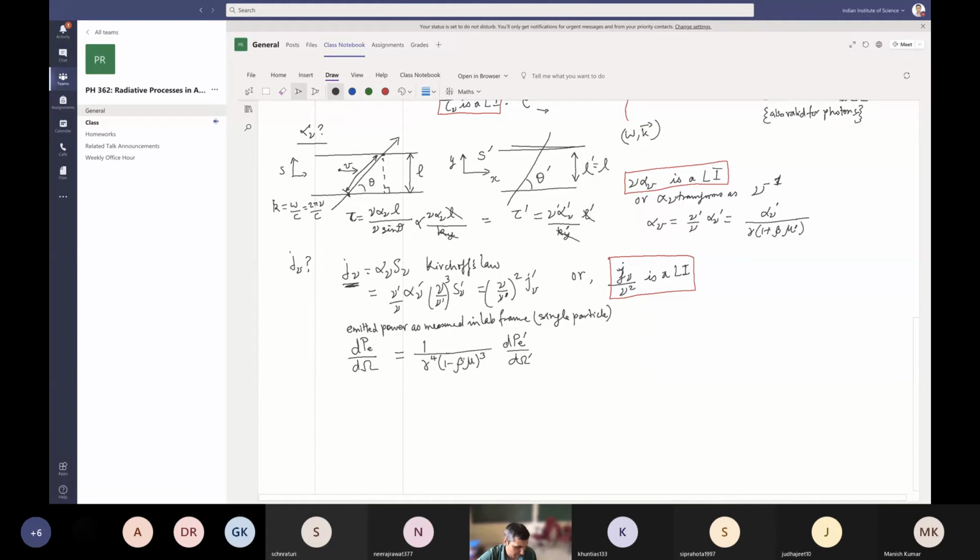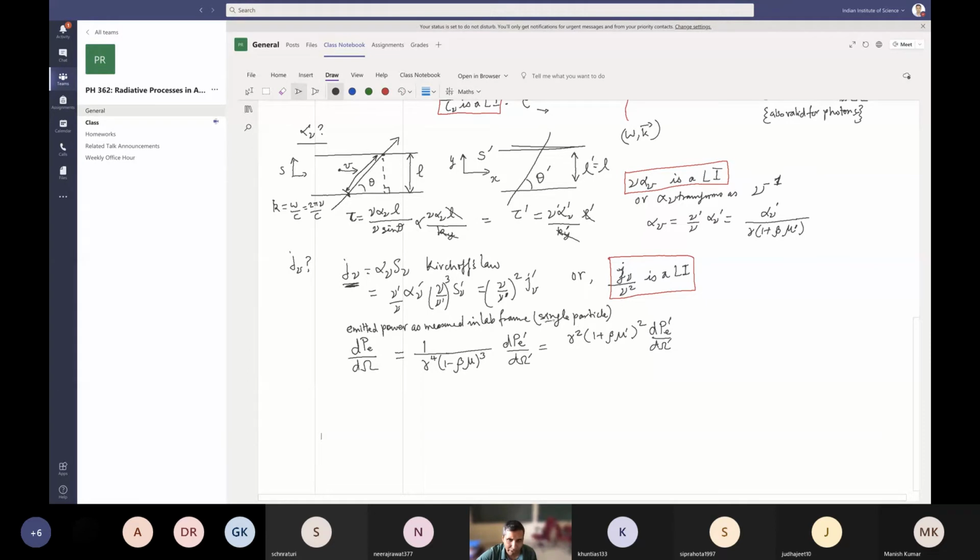So this was the transformation, and we can always write it in terms of mu or mu prime. So this is nothing but gamma squared, 1 plus beta mu prime squared, dPe by d omega. There is a relation between mu and mu prime which we have used to write this down.